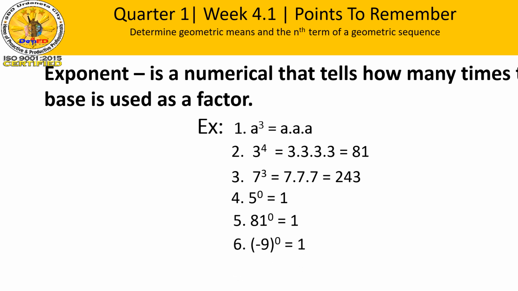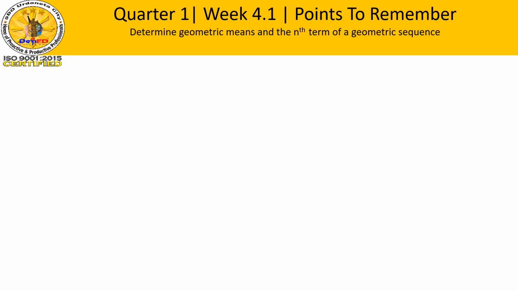Number 6, the quantity negative 9 raised to 0 is equal to 1. Number 7, negative 25 raised to 0 is equal to negative times the quantity 25 raised to 0, which is 1. Therefore, negative times 1 is equal to negative 1.